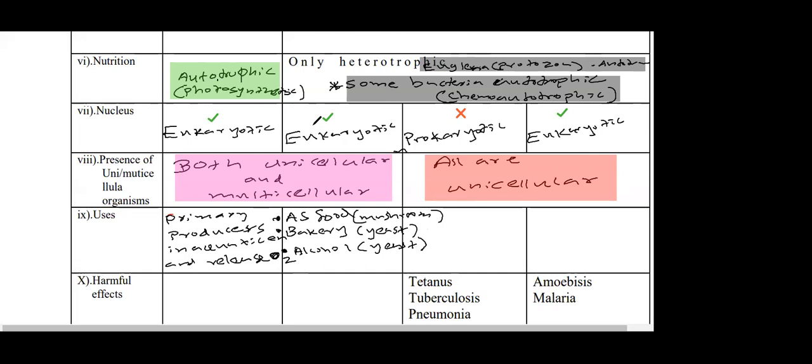There are two types of respiration, aerobic and anaerobic, with oxygen and without oxygen. Alcohol production, bakery industry, or production of bread, used directly as food.